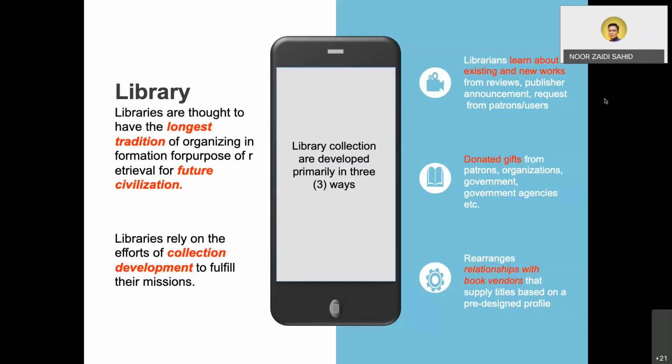And generally, library collections are developed in three ways. Number one, from the librarian's views itself, which means the librarian learns about existing and new works. Dia dapat maklumat daripada, for example, book reviews or collection reviews, or publisher announcements.